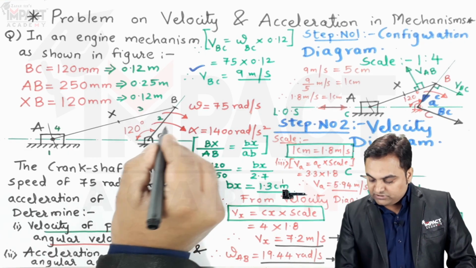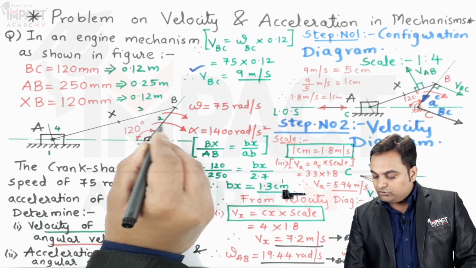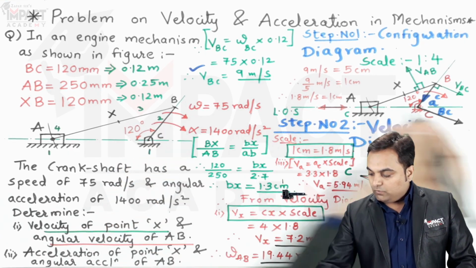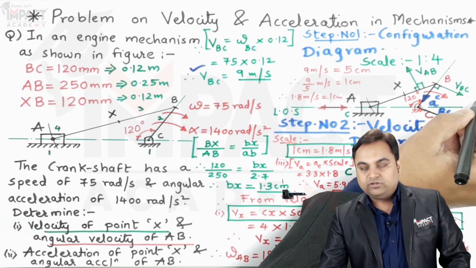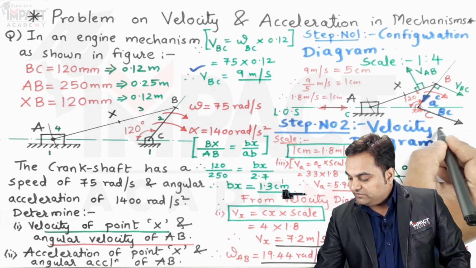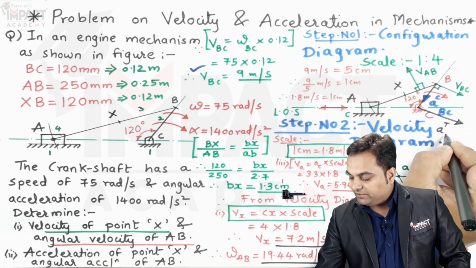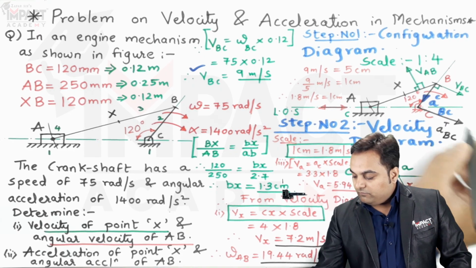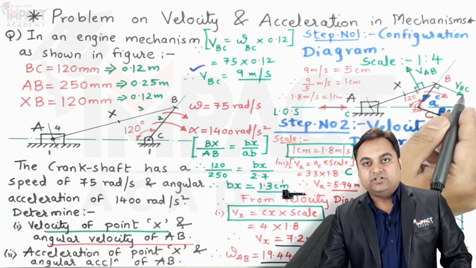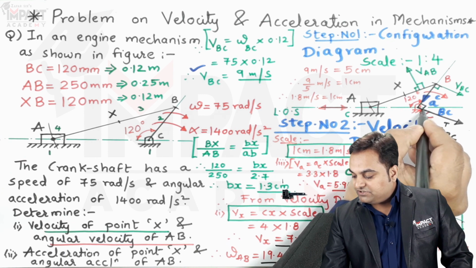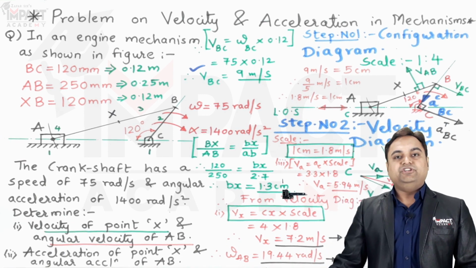Why? Because angular acceleration is along this clockwise direction. So like VBC was pointing towards the clockwise direction, similarly this tangential acceleration for link BC would be pointing in the same direction, and centripetal and tangential acceleration are perpendicular to each other.